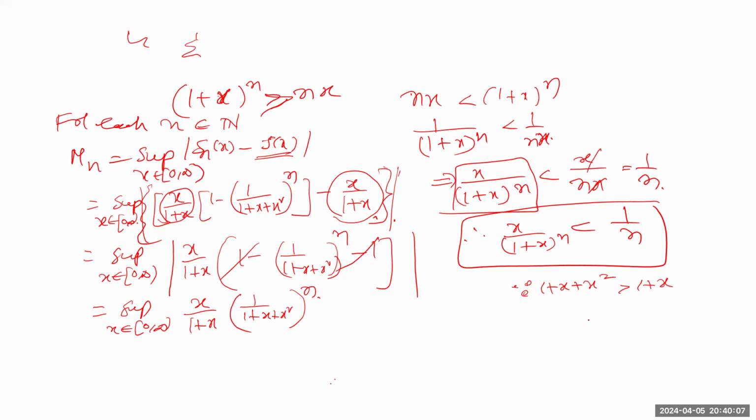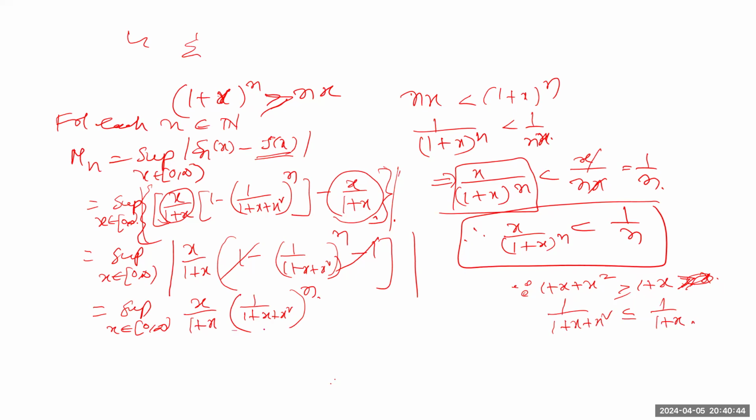So 1 over 1 plus x square is less than or equal to 1 over 1 plus x.